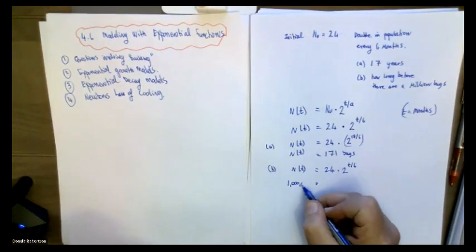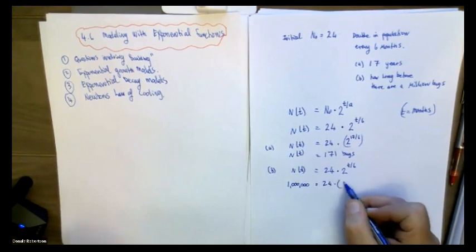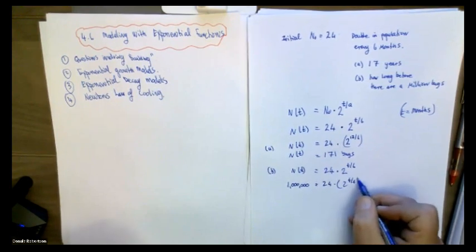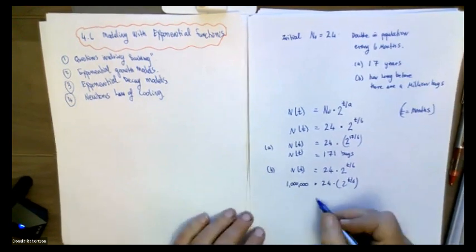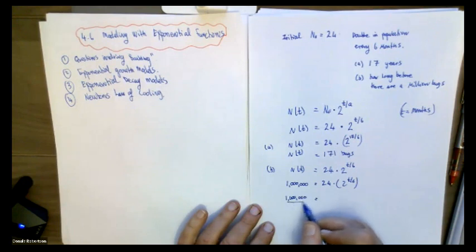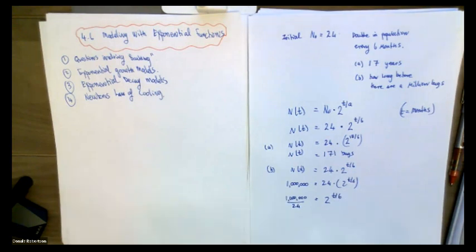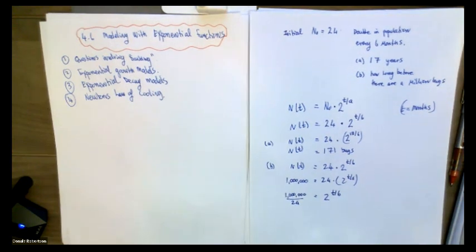There's 1,000,000 goes here. So first thing I'm going to do is divide both sides by 24. And I'm not going to do anything else. I could calculate that as a decimal, but I'm just not going to.